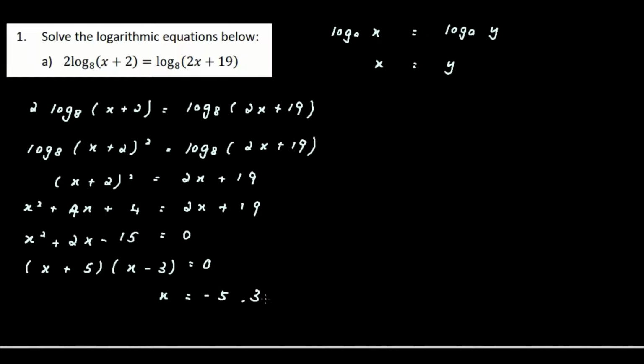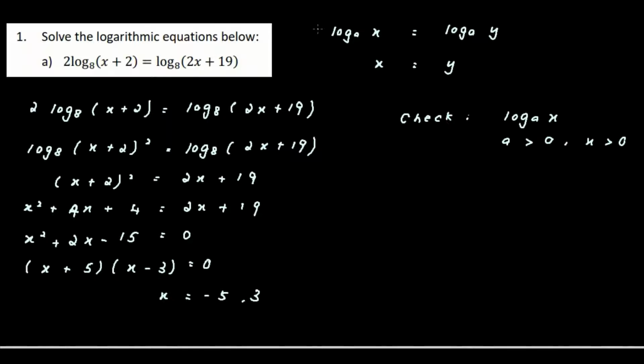Okay, so remember that when you get the answer, you must check whether your a and x are positive or negative, correct? So this is the checking part. The idea of checking is that for log a x, both of your a and x must be greater than 0. Because when we look at this equation, you need to substitute to see whether it will give a negative argument or not.